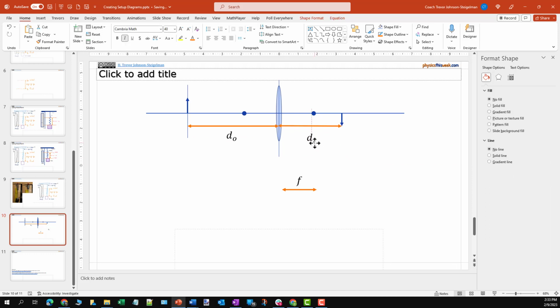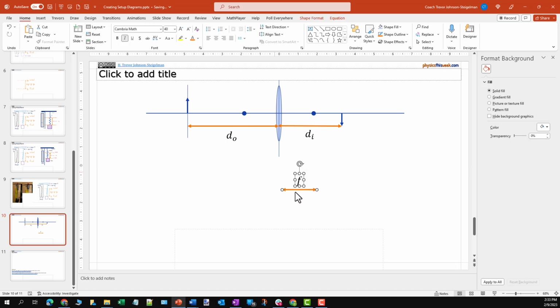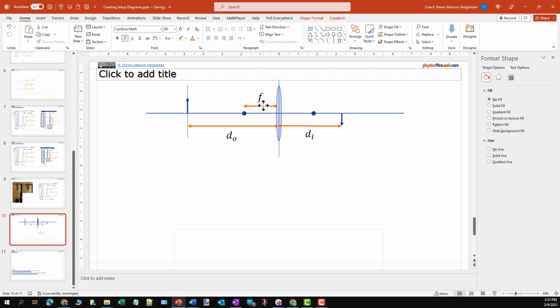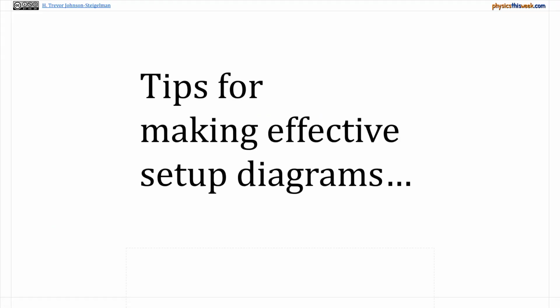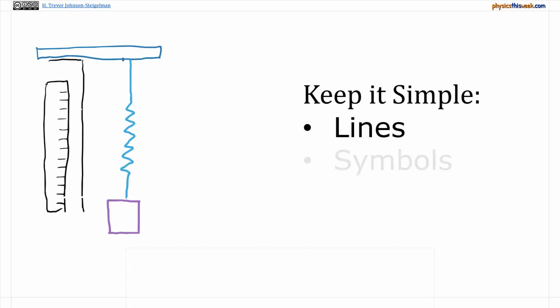A good diagram shows your instructor that you understand the experiment. If you have a faulty diagram, that can help your instructor understand your confusion. A good instructor will then help you fix that confusion. Here are some tips for making effective setup diagrams for any science class. First, keep it simple. Use clear and simple lines, labels, and symbols to help convey the information easily.